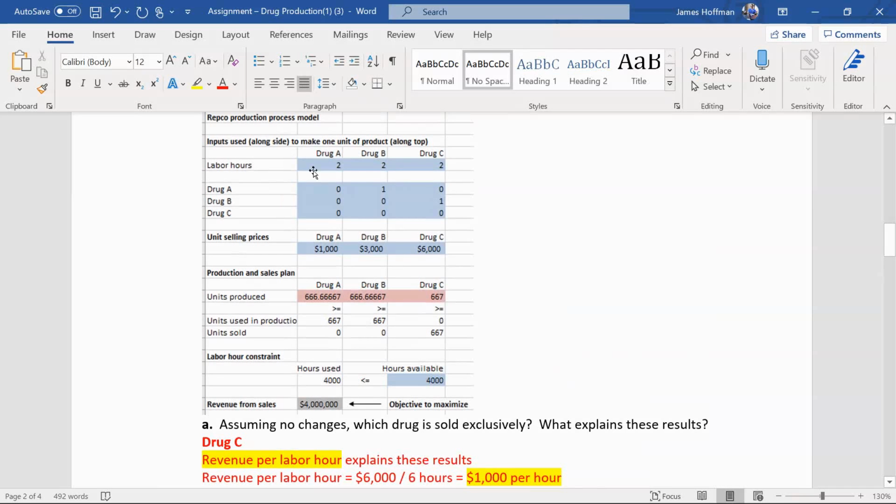And we already figured out that drug B takes one drug A and then 2 more hours. So 2 hours for the drug A plus 2 is a total of 4 hours for each drug B.